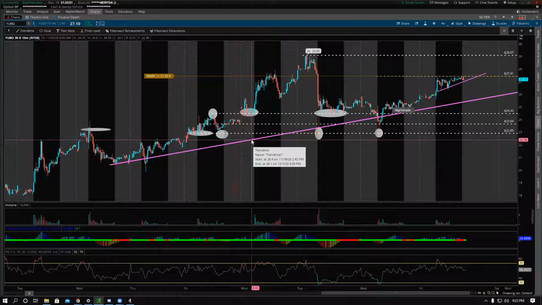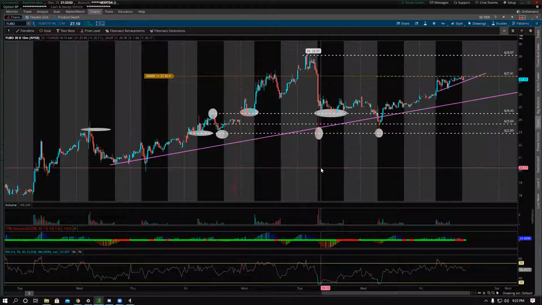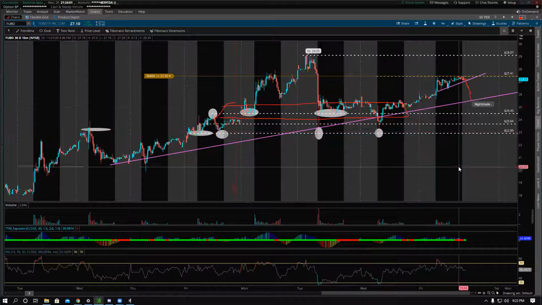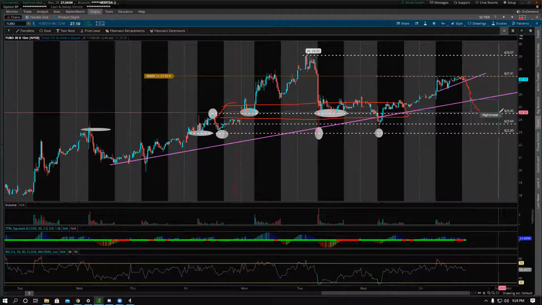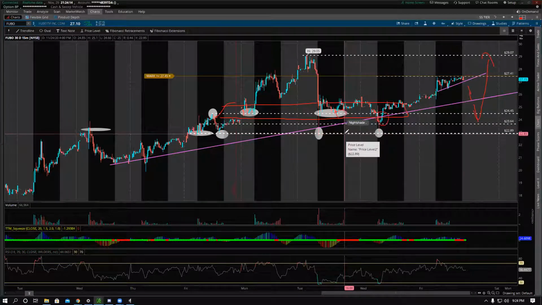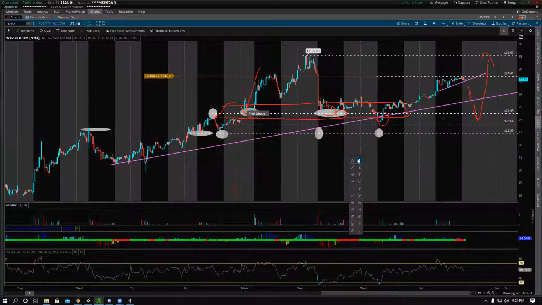So it tells us that anywhere in this little box is going to be a huge area of demand for the stock. If this stock even comes back down to here, I can start grabbing calls as we enter down here, because the chance that we fall down to here and then keep falling through is much less likely than us bouncing right back up. And that's just based off the historic price action that I've seen here.